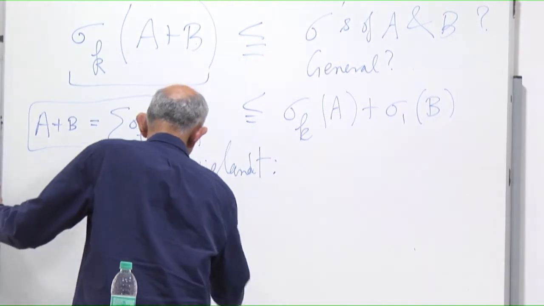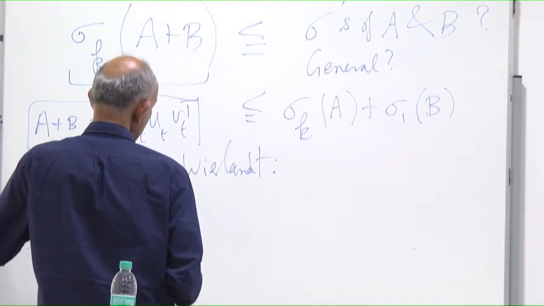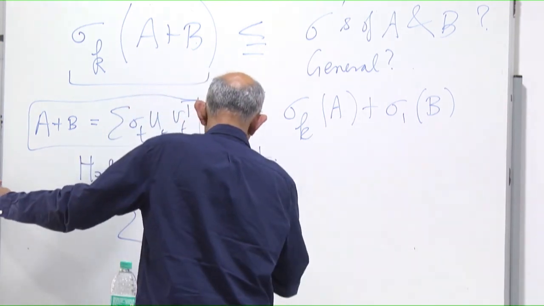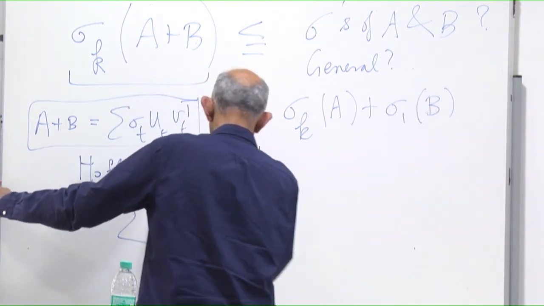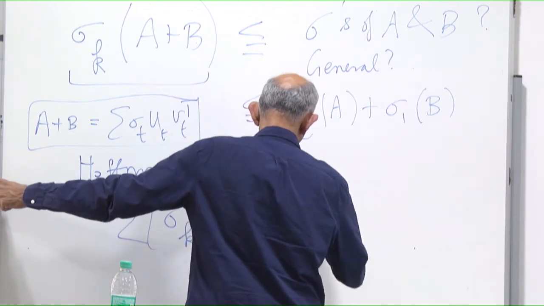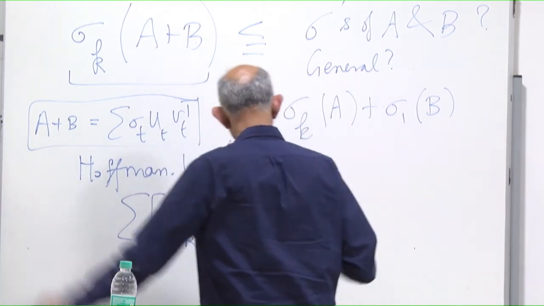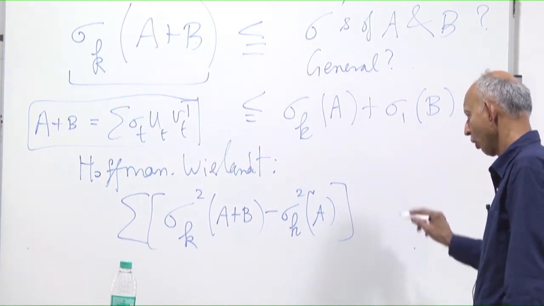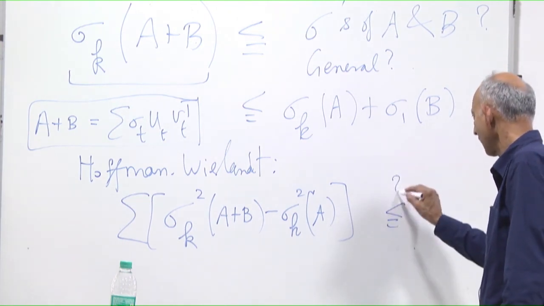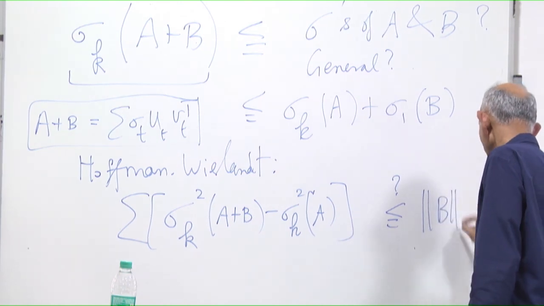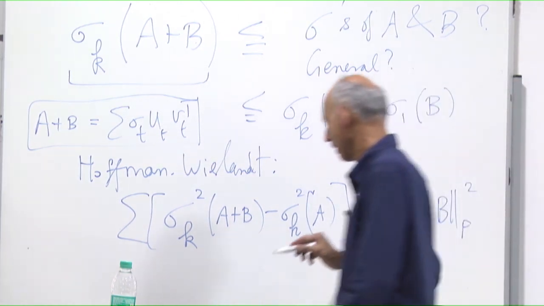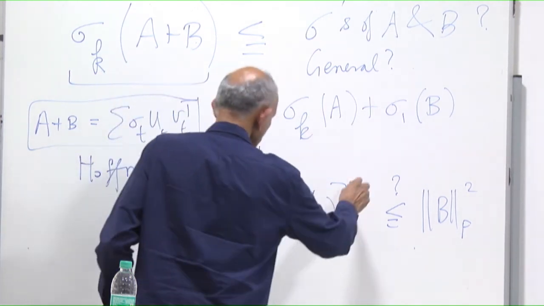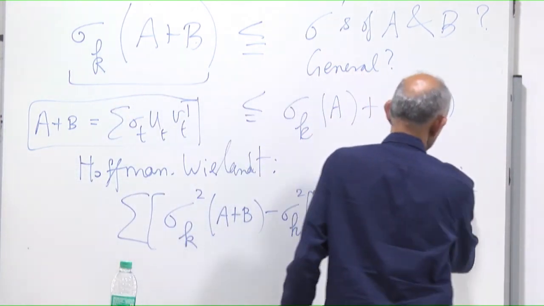Sum over, let me risk writing this, sigma k squared of this minus sigma k squared of A. So I'm going to try to say that this is less than or equal to this. I could be wrong, and I may have to take a square of this and add and get a fourth power.